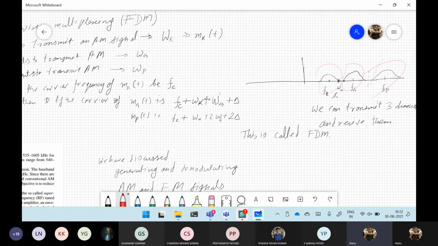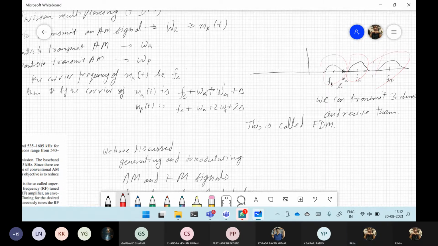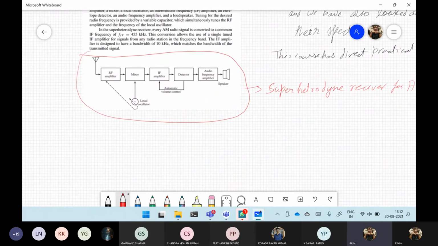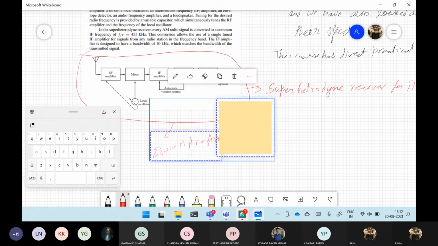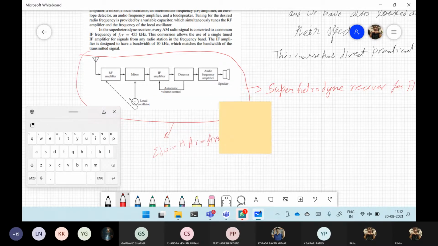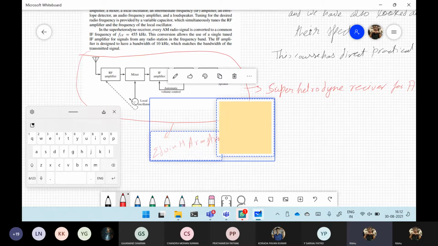So what Armstrong proposed, we had Armstrong's picture in the first lecture, not Edwin H. Armstrong, not Neil Armstrong.